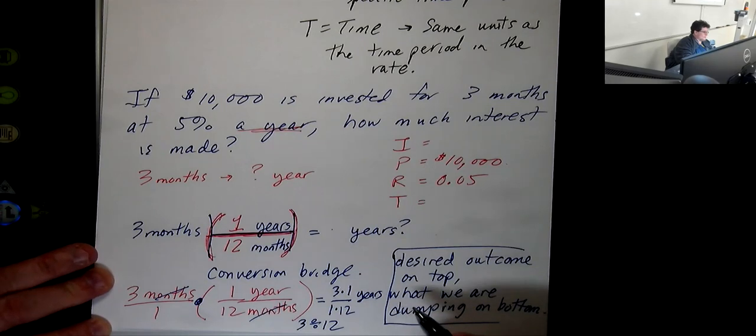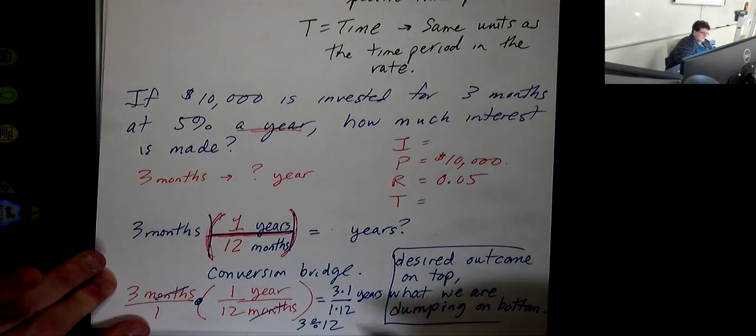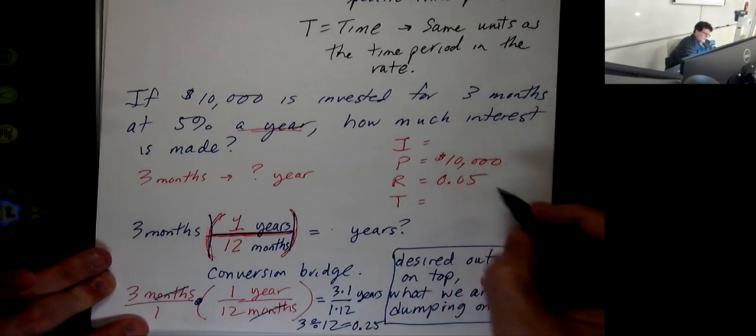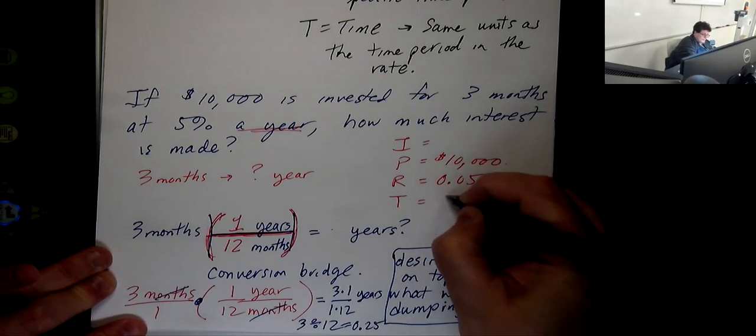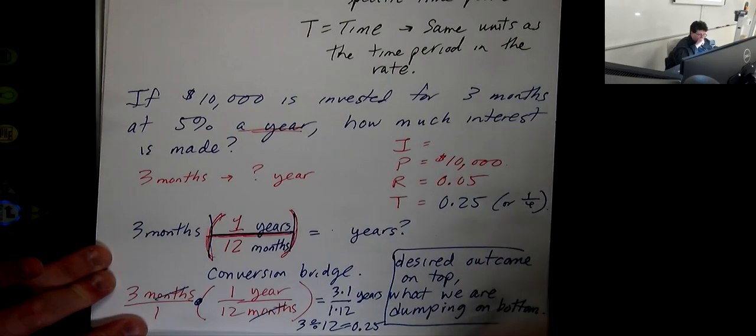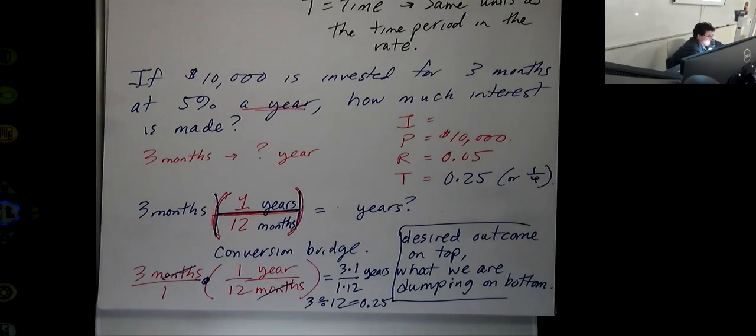That's how the fraction bar works. The thing on top divided by the thing on bottom. This is 0.25. Or if you reduce it, it's 1/4. In this sense, it's better, probably. Depends on how you do it, just do whatever is easy to calculate.